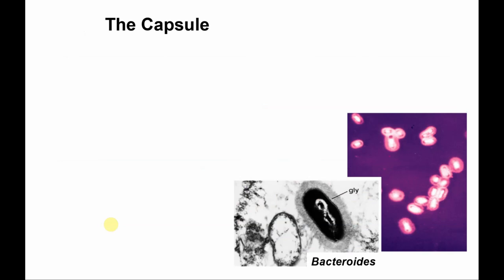structure on the outside of some bacteria is the capsule. So as we saw before, you can see it on light microscopy. It's this kind of diffuse zone around the outside of a bacterial cell. And on electron microscopy, you can sometimes see a bacterial capsule as this kind of quite thick region around here, also called the glycocalyx sometimes.